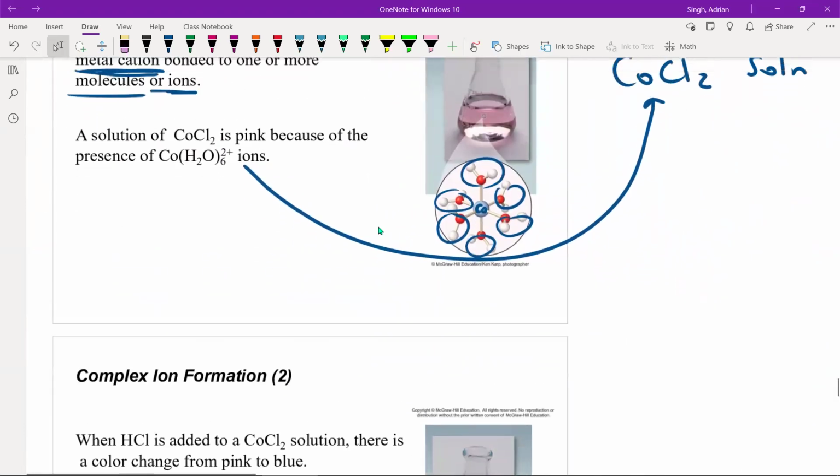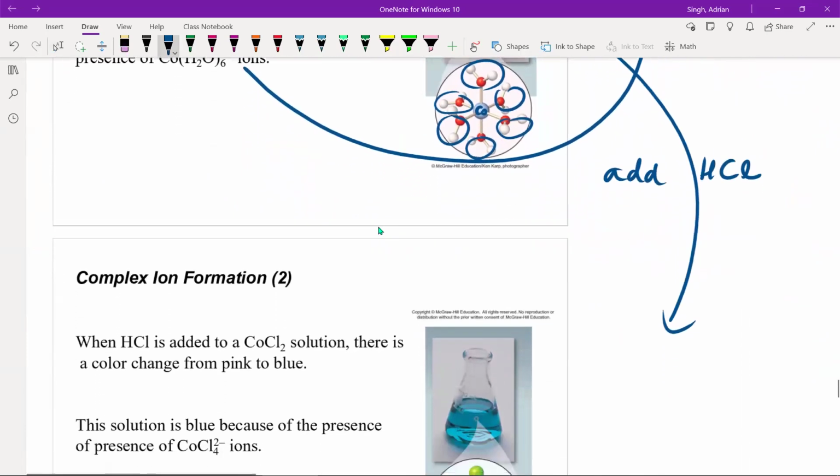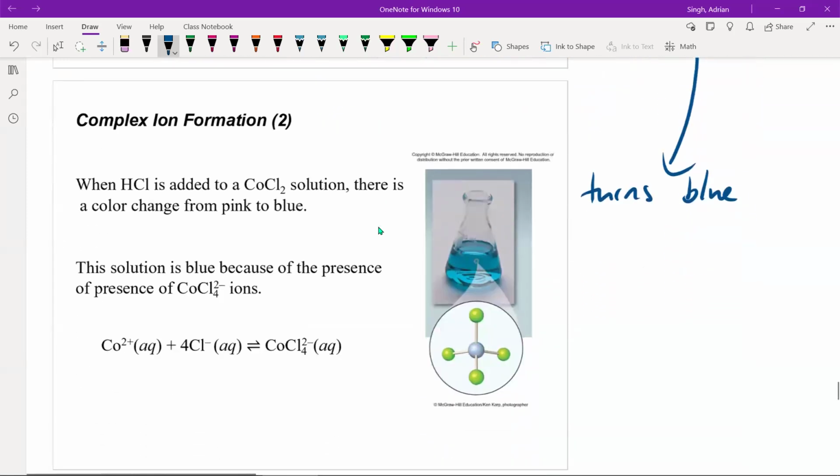Now, if we were to add HCl to that solution, what we'd actually see is that it turns blue. Why does it turn blue? Because a different complex ion is being formed. We have the cobalt with 4 chlorines attached to it. There's your cobalt again, and there's our 4 Cl minuses attached to it.